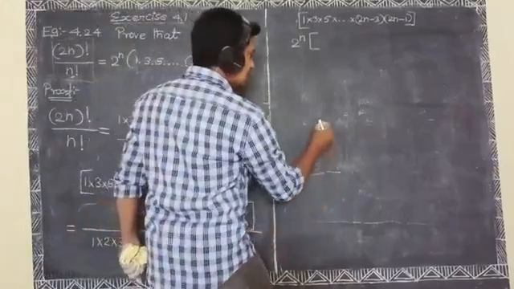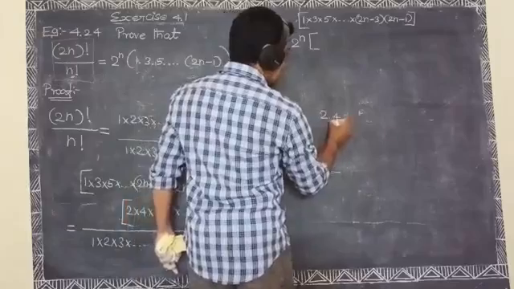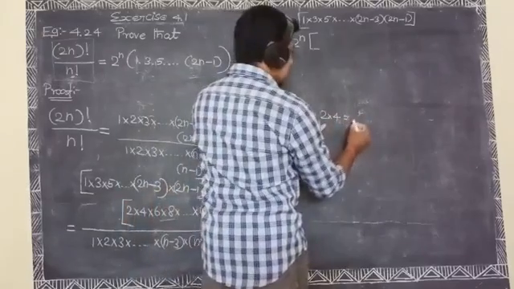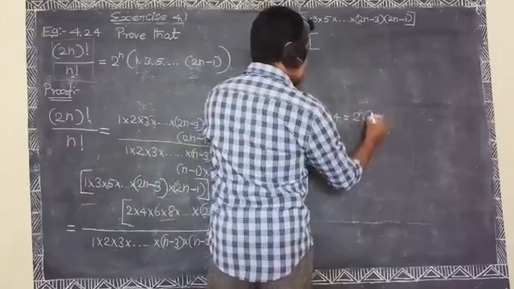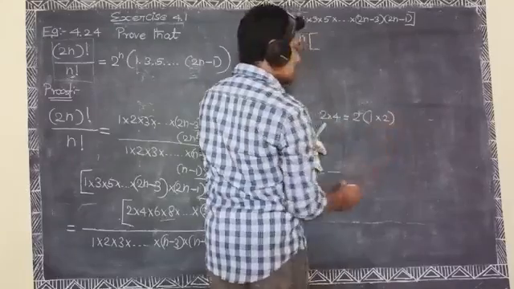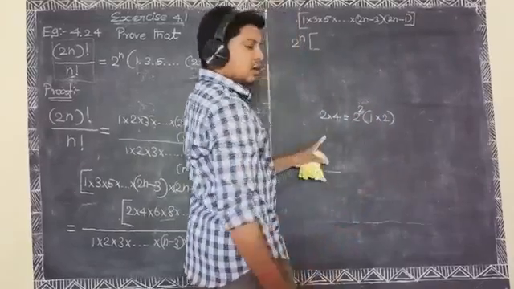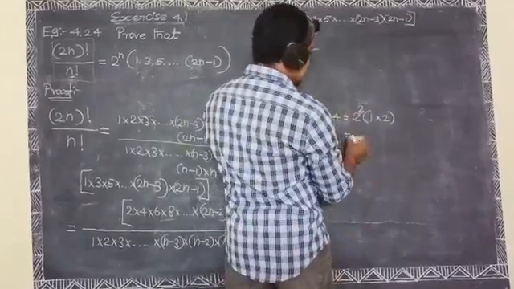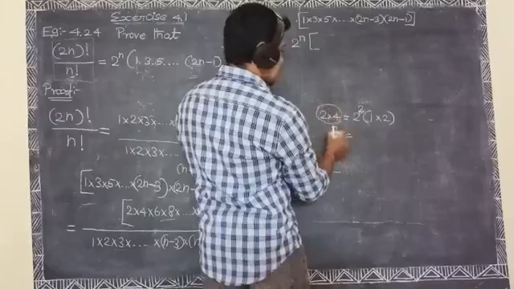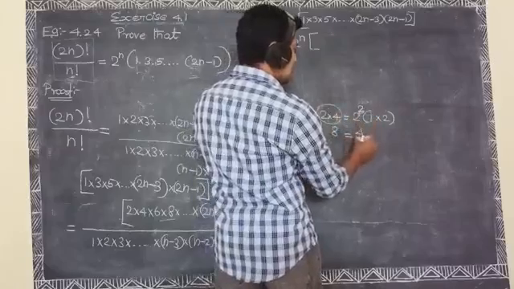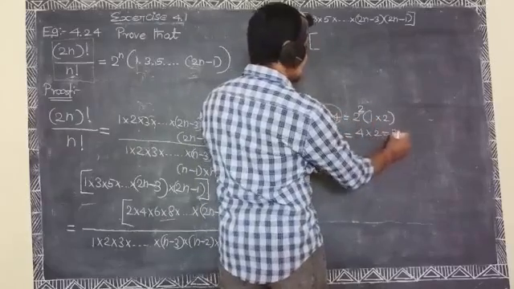Here, for example, 2 into 4, which is equal to, taking 2 outside, 1 into 2. In the 2 terms, it means 2 power 2. 2 power 2 is 4, and 4 into 2 is equal to 8.